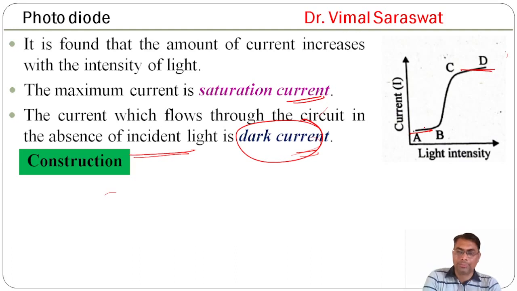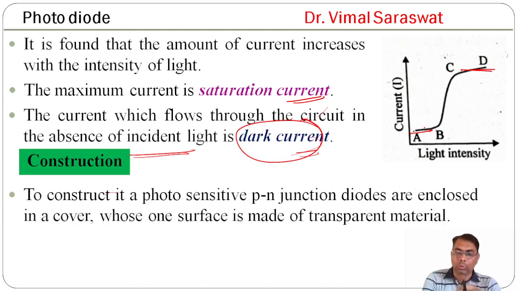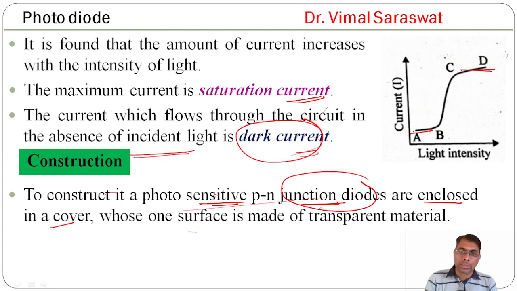Now construction. To construct a photodiode, we use a photosensitive p-n junction diode, and this photosensitive p-n junction diode is enclosed in a cover whose one surface is made up of transparent material, so the light can easily enter into the diode.